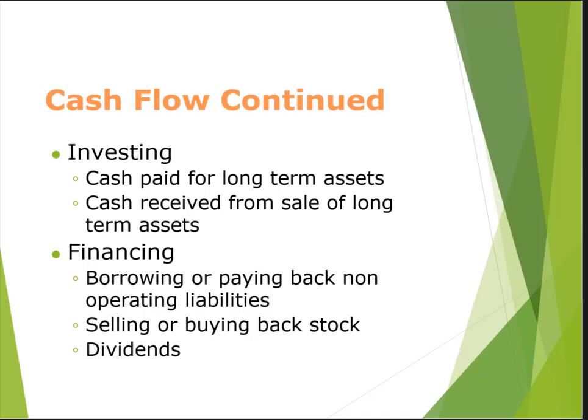But typically, we're borrowing some and paying some back, because we've usually got more than one loan, right? And so maybe one loan we're paying off and the other loan we're borrowing a new one. So we need to consider what that is and separate them out. Again, look at the T accounts and journal entries. That's another one of the complicating factors in the cash flow, those long-term non-operating liabilities, paying them off.